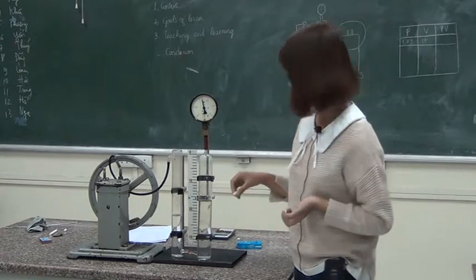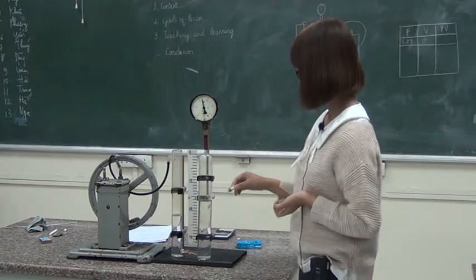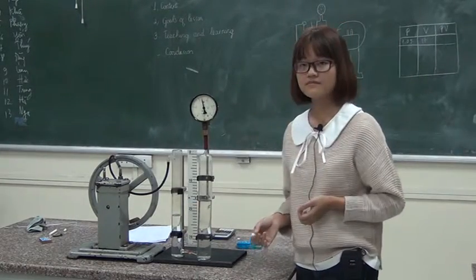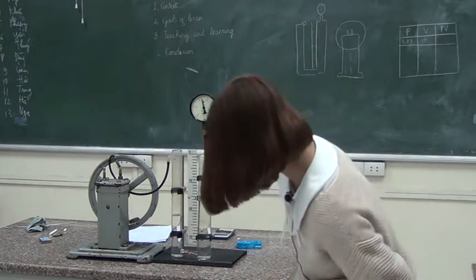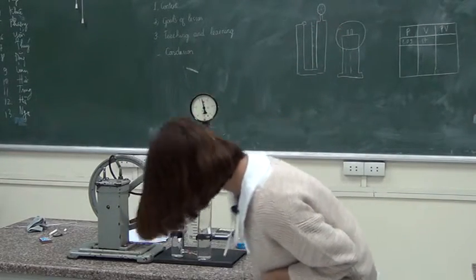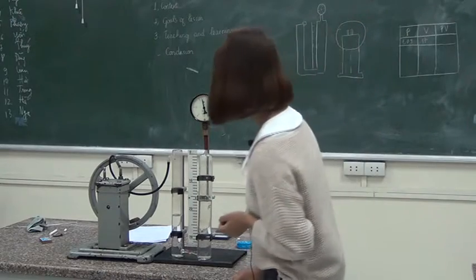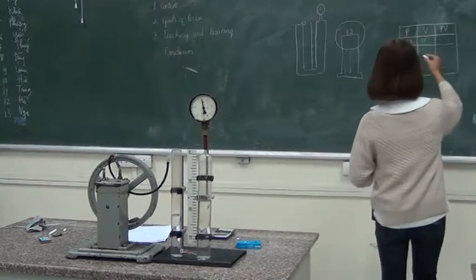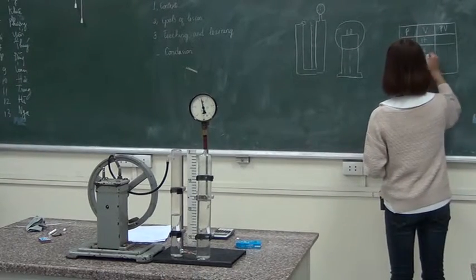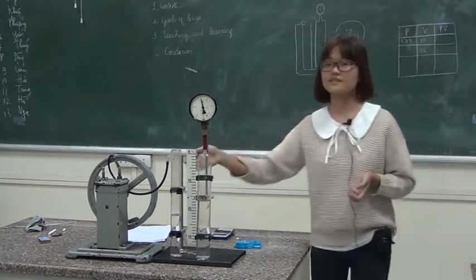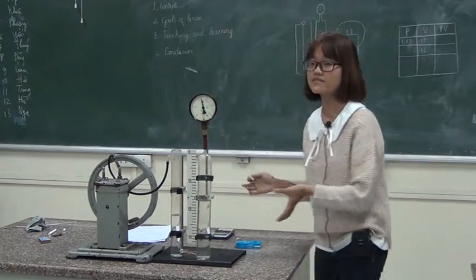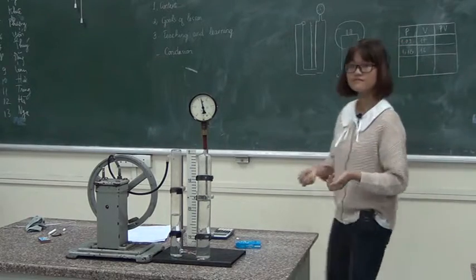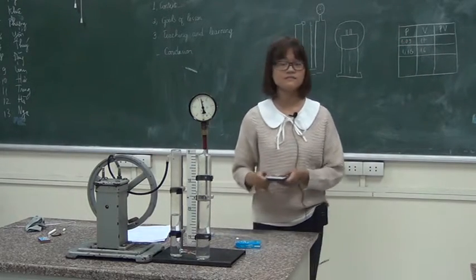Really? Okay, so what are you reading? Volume? No, it's a height, the height of the water level. Then what should you write?